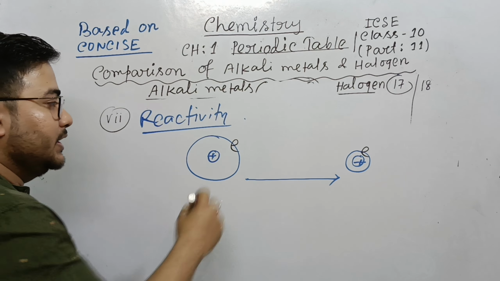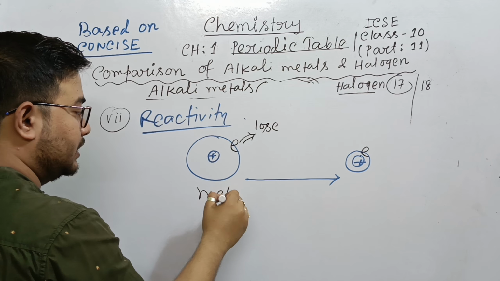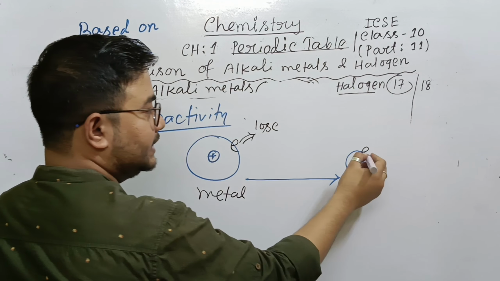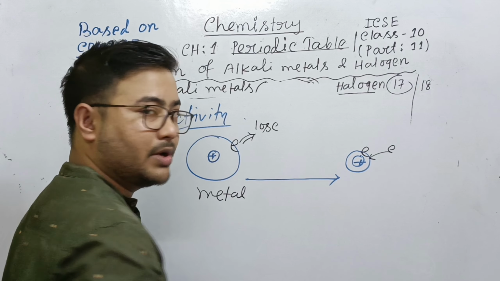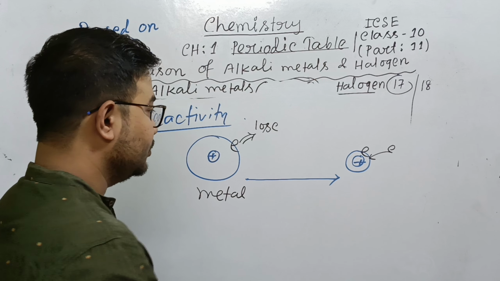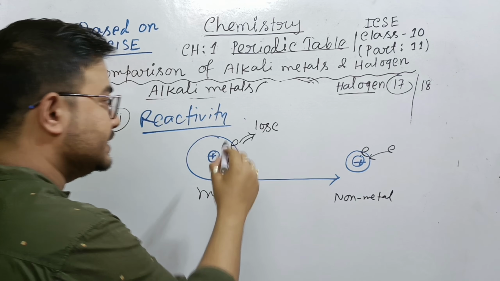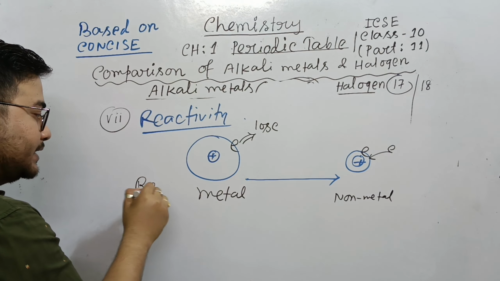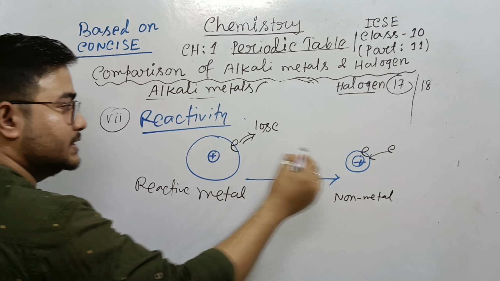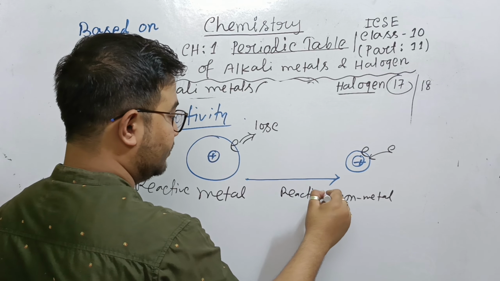So it loses an electron, so is it metal or non-metal? Metal. Now tell me, which has a tendency to accept an electron? This one, because smaller radius means more attraction, as I already told you, so it is non-metal. Since it loses an electron, it is reactive. Since it gains an electron, it is also reactive. Reactivity means both.